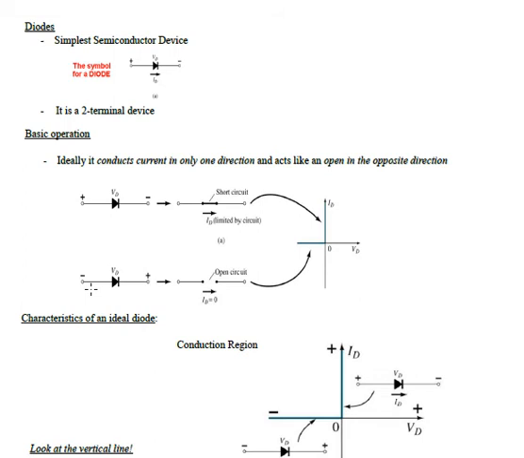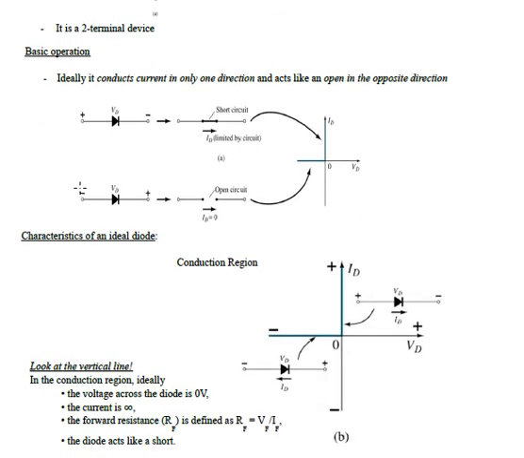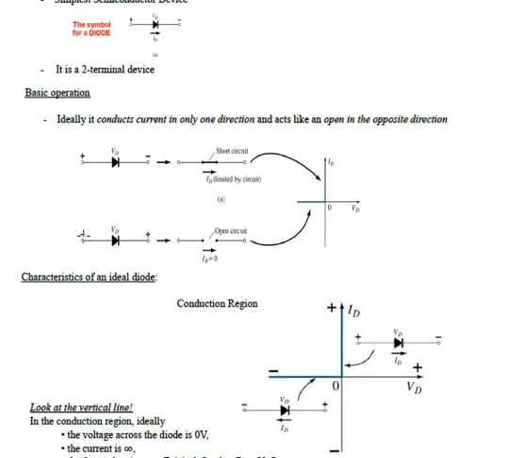For the reverse bias, the potential difference is in the opposite direction. We have here negative and positive. So we can consider that one as an open circuit, so the current is equal to 0. So it is open circuited. That is actually the basic operation of the diode.